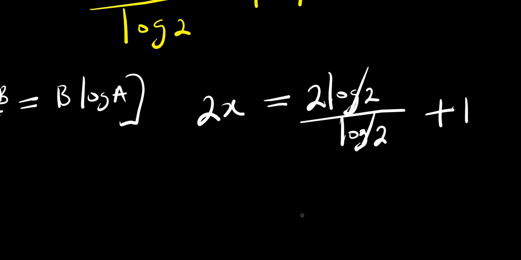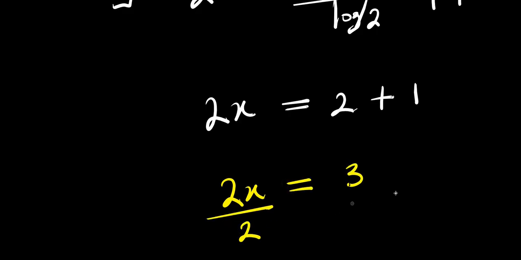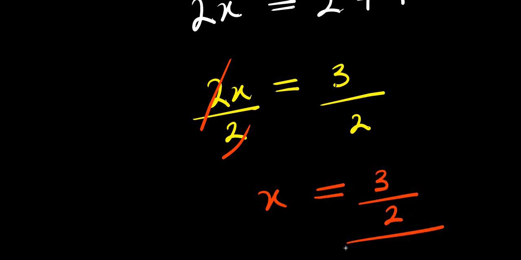Log 2 cancels log 2. I have 2x equals 2 plus 1. This is 3. I divide this by 2, I divide this by 2. 2 cancels 2. I have x equals 3 divided by 2. That is our answer.